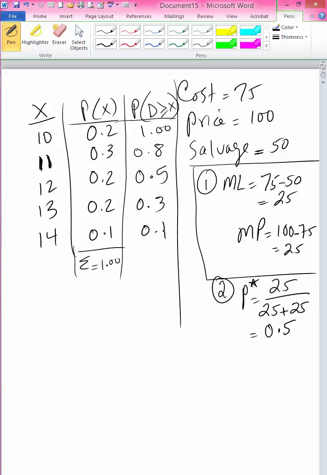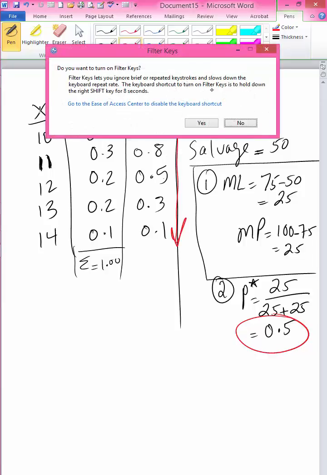So once we create our cumulative demand column, then we must finish the problem by placing our critical probability along this axis to see where it fits.